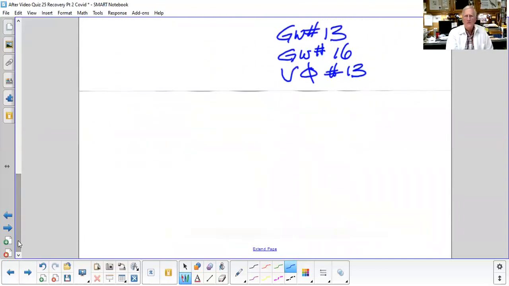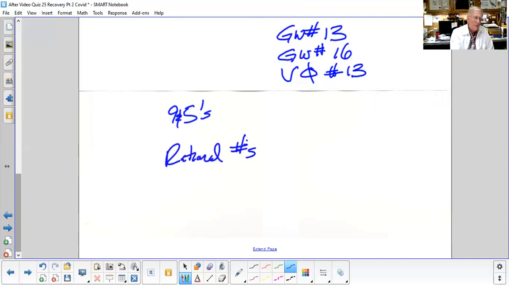What if I tell you you are only allowed to use 9s and 5s to make these kind of numbers? I would like you to make me 3 rational numbers, 3 of them, which have only 9s and 5s in them.